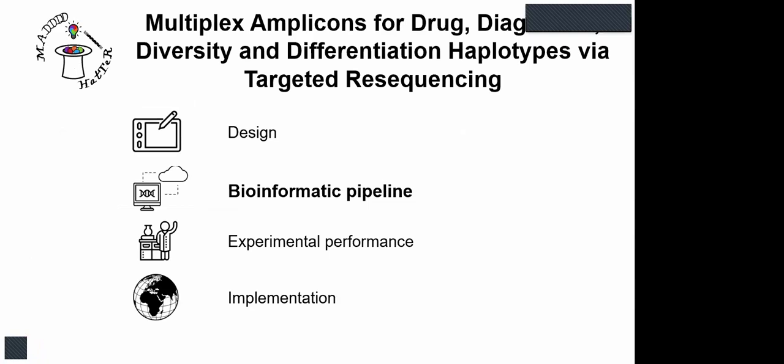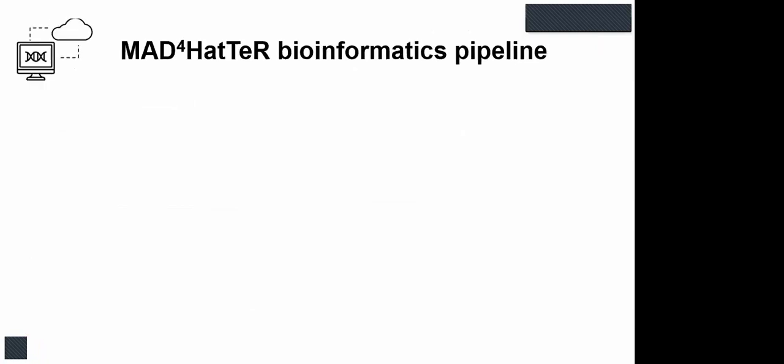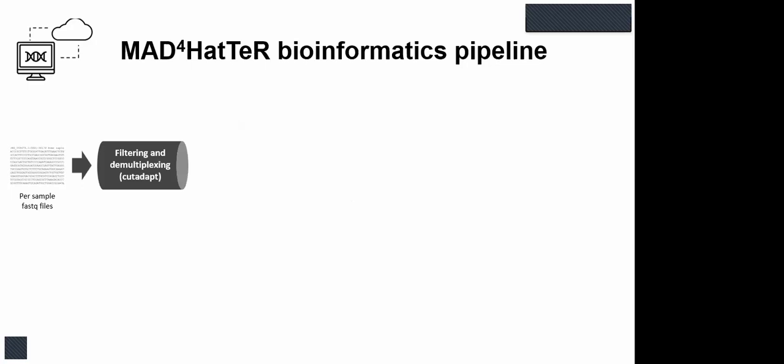So going to the pipeline, briefly, that is all about the design. However, it's a lot, and I just didn't want to go into the details of it. So I wanted to focus on the bioinformatics pipeline itself. The pipeline starts with the output of the sequencer, which is usually FASTQ files, which then go into filtering and demultiplexing using Cutadapt.